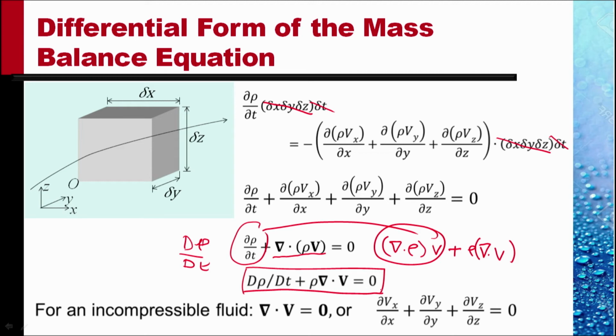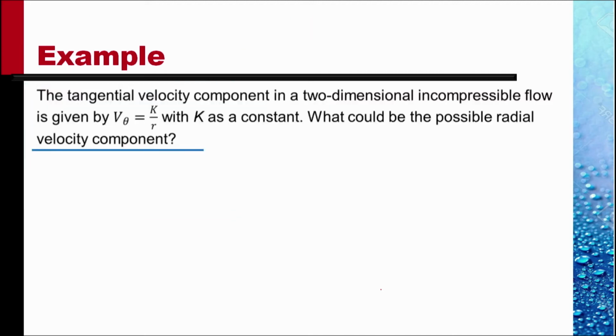This is applicable strictly for incompressible flows or where we can assume the flow to be nearly incompressible, quasi-incompressible flows. Let's give an example of how we can use this continuity equation.